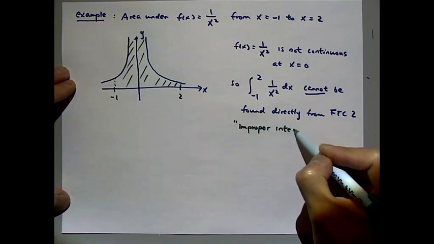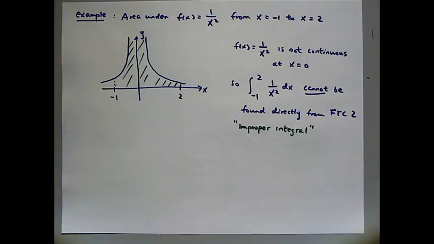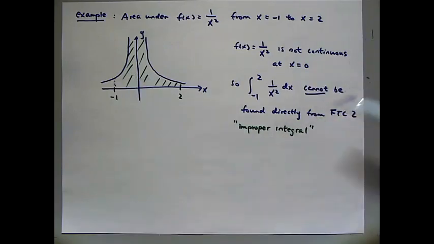This is one of those integrals called an improper integral. And next semester, when you take 162, we'll spend quite a bit of time on improper integrals. There are many different types, but one common theme is something to do with discontinuity or something going to infinity. That's when improper integrals happen. Okay? Now let's see what happens.